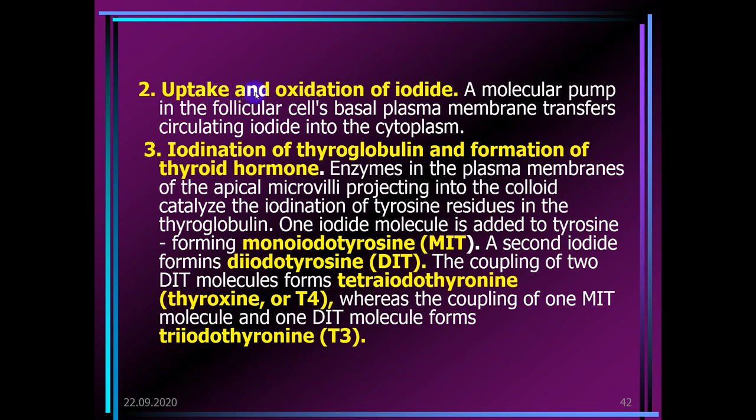It appears as a result of oxidation of iodide. This molecule comes from the blood, pumped into the follicular cells through the basal membrane, and they are transferred from the blood circulation.